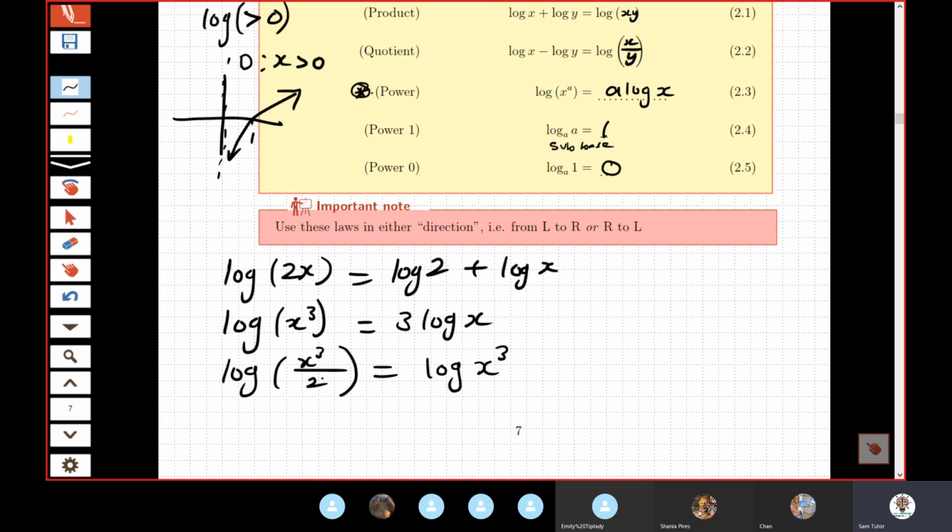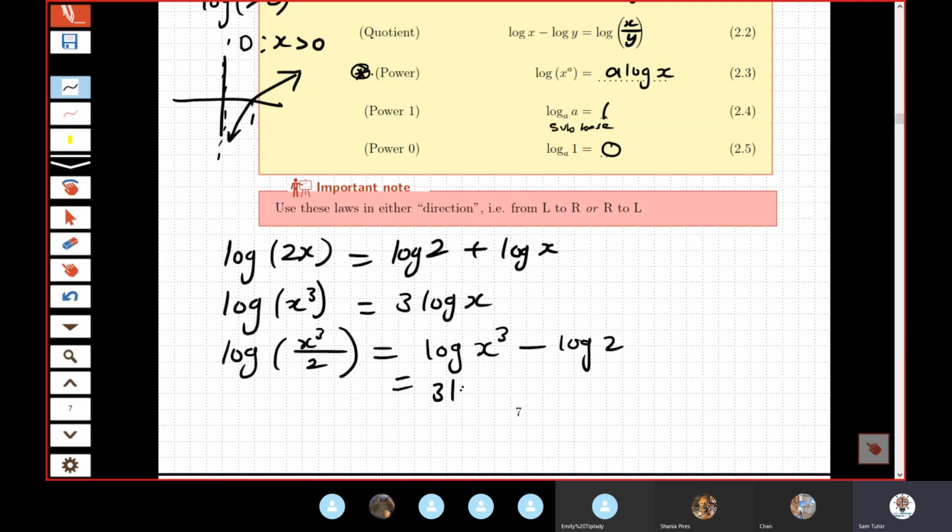If it was all cubed like this, you could have just brought the 3 down and then subtracted. But because it's not attached to the 2 as well, you have to do log x cubed minus log 2. And then again, what do you do with the power of 3? Bring the power down.